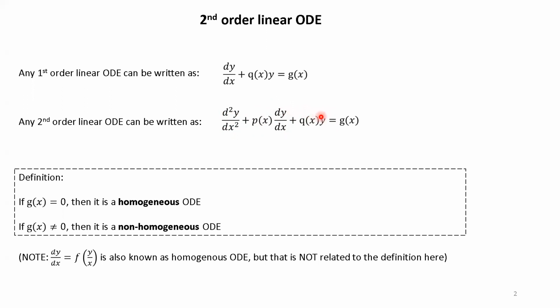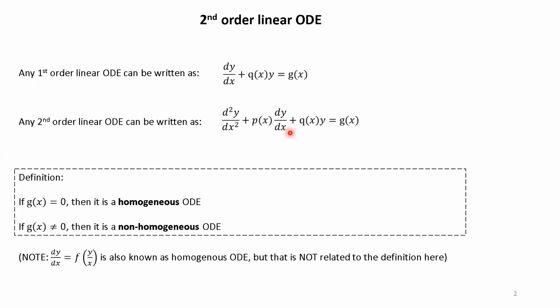So here is y, but not y squared, not sine of y. And this one is just dy dx, not dy dx squared, not dy dx to the power n. So that's why this is a linear ODE.